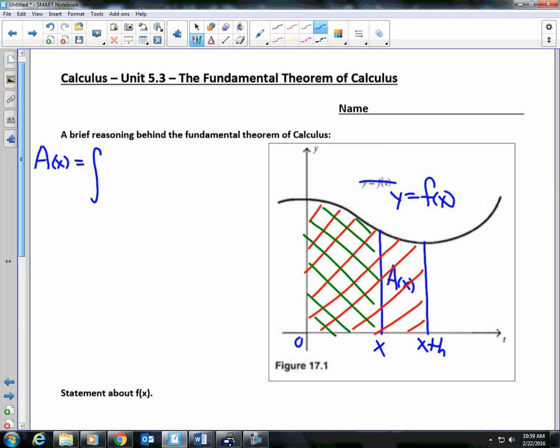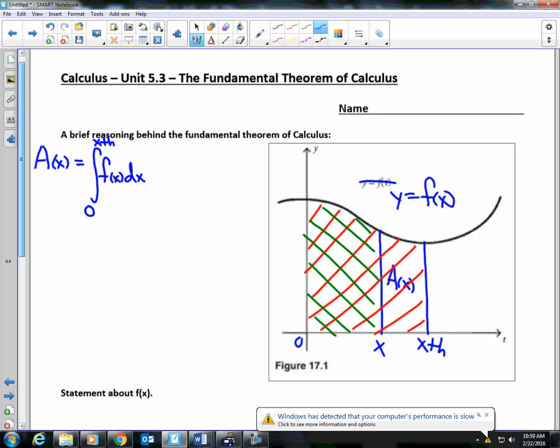Okay, so we're going to say the integral from 0 to x plus h of the function f of x dx minus the integral from 0 to x of f of x dx is equal to that area piece left over. Everybody okay with that?